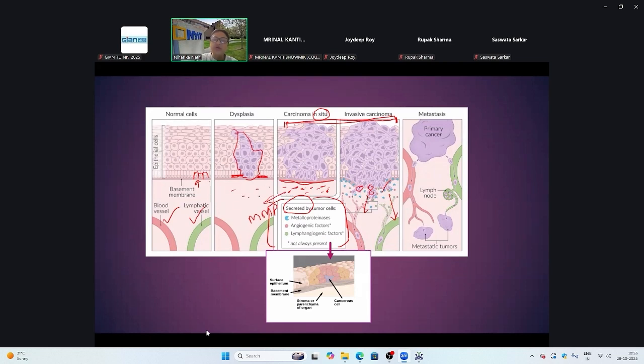This area looks clean, but it is not easy to break. There's a lot of fibers in here. This metalloprotease will start to break all of these fibers. It'll break some here, some more here, such that the cells can now break loose. So that is secreted by the tumor cells.